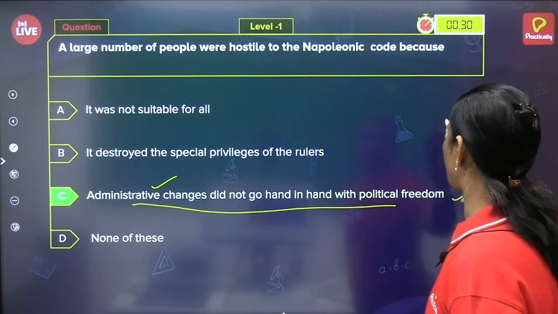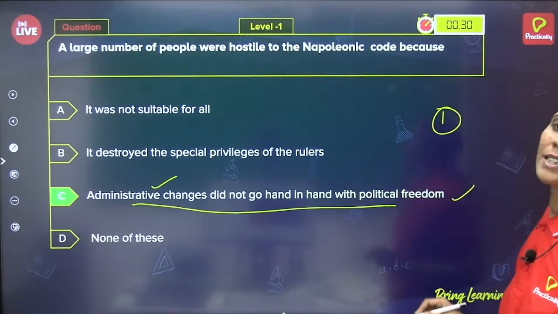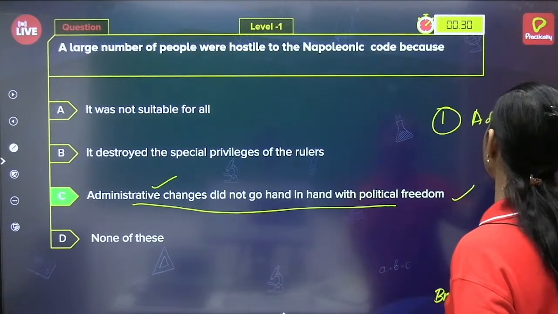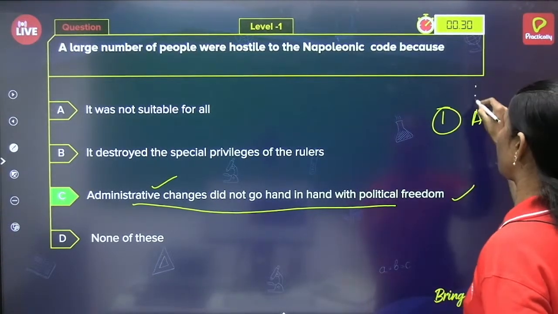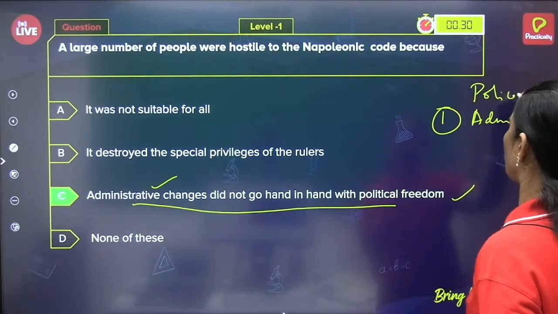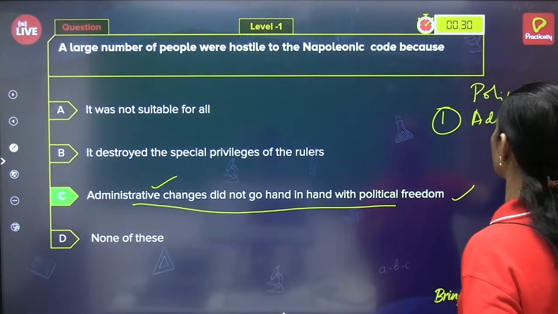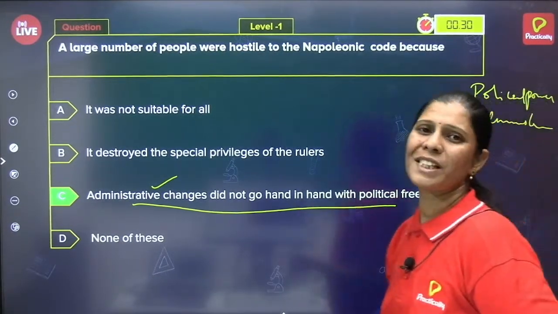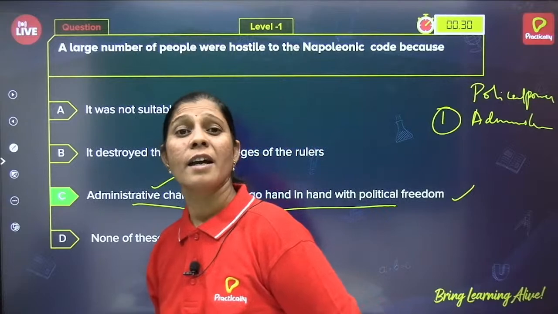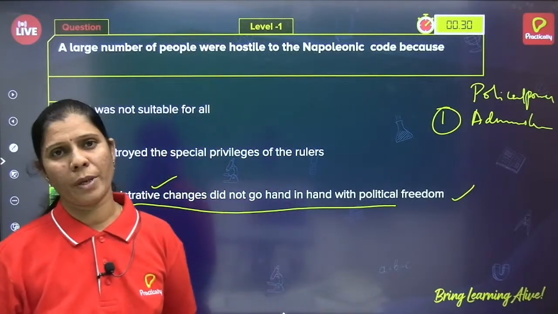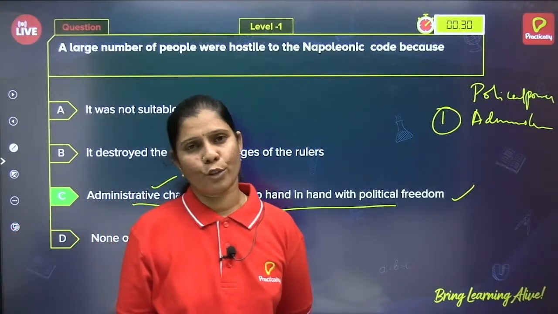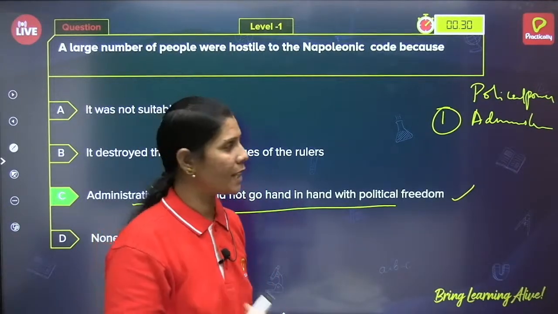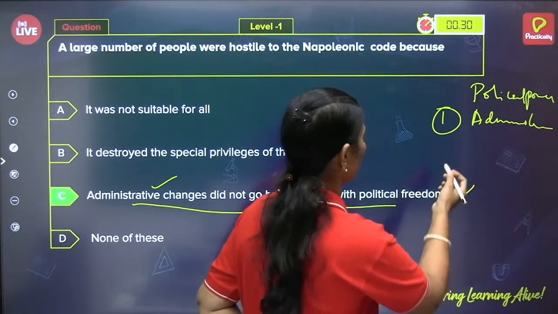So point number 1 to be noted, children: the administrative system did not go hand in hand. That means political powers were not given to the local people. If political powers do not exist among the people, they are definitely in the hands of some foreigners. People definitely feel that they do not have freedom.